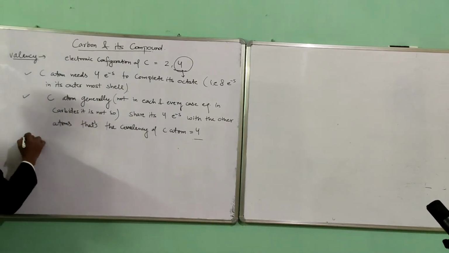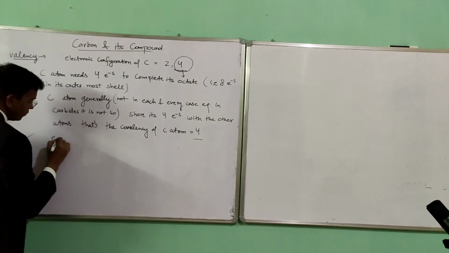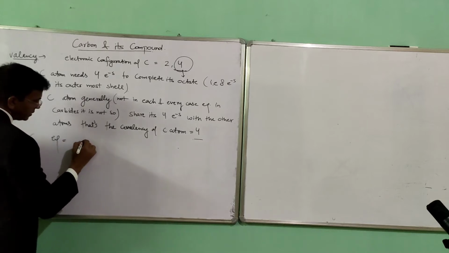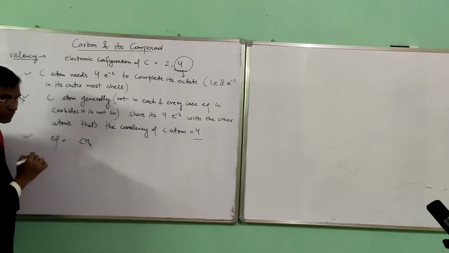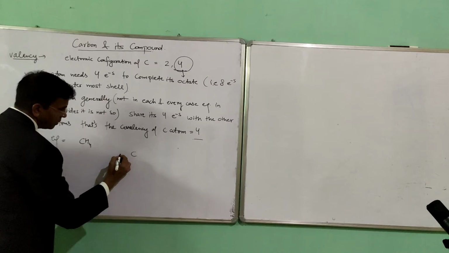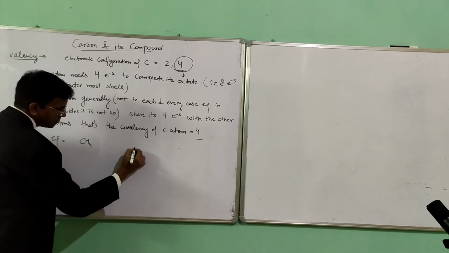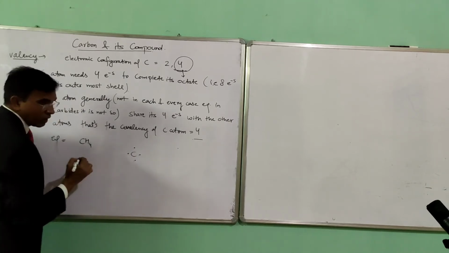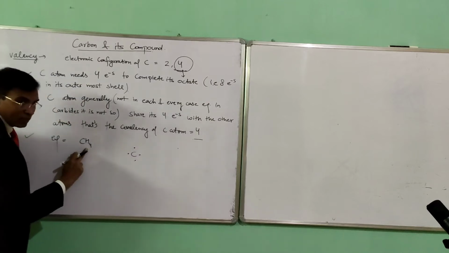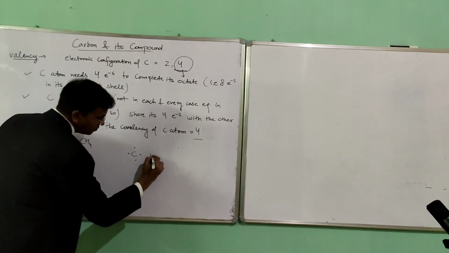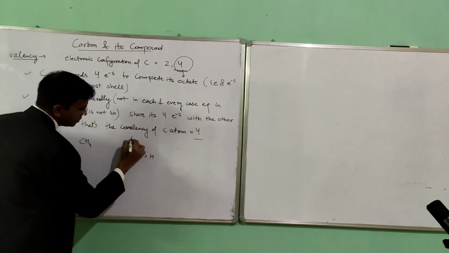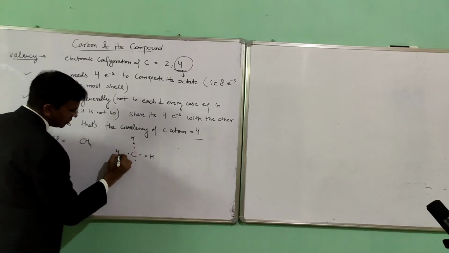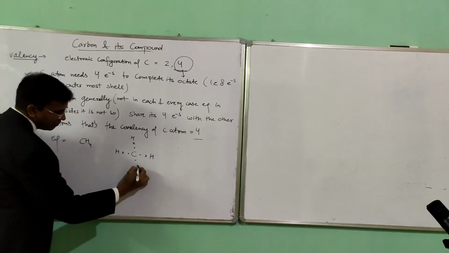Now the next point is, for example, CH4. In CH4, carbon has 4 electrons and 4 hydrogen atoms are there. So hydrogen has 1 electron, 1 and 1.